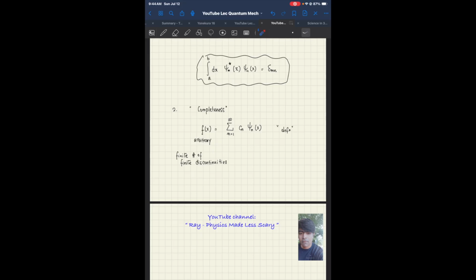That if you give me any arbitrary function, with the constraint that it can at best have a finite number of finite discontinuities, and of course, if it doesn't have discontinuities, all the better, this function can be expressed as a sum in this manner.